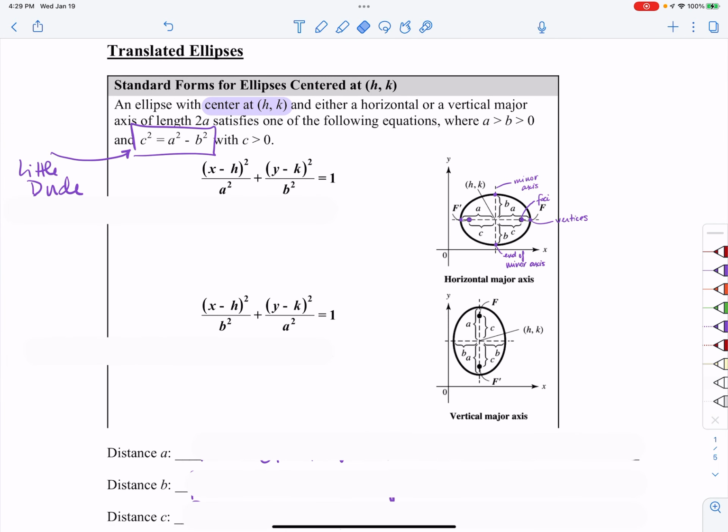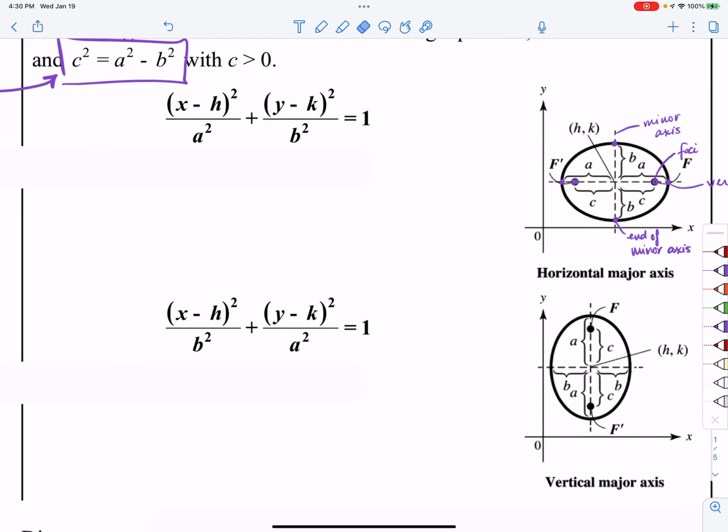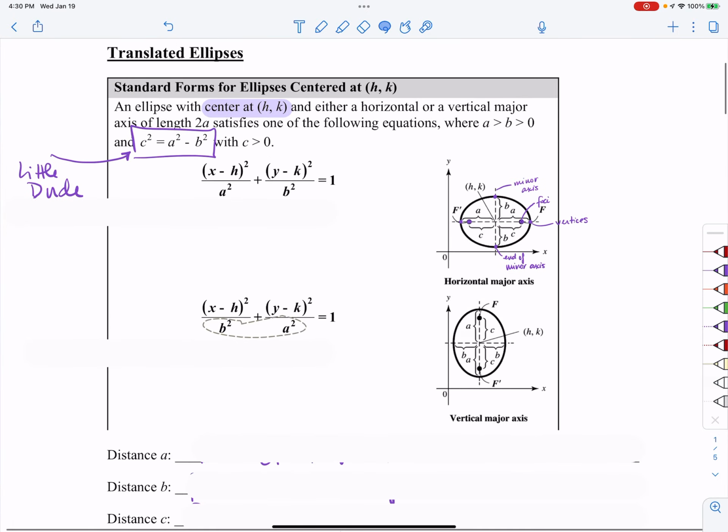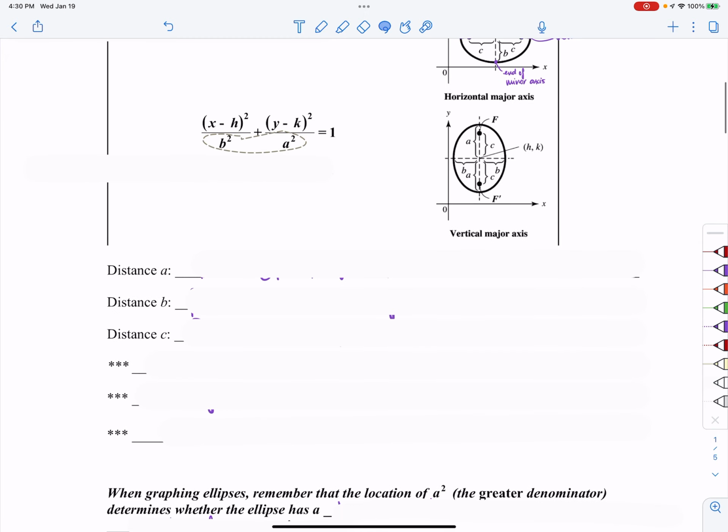Now, I want you to notice that my two equations are very, very similar. Notice that the numerators are identical. It's the denominators that are different. So let's define what A, B, and C are, and that's going to be down here.